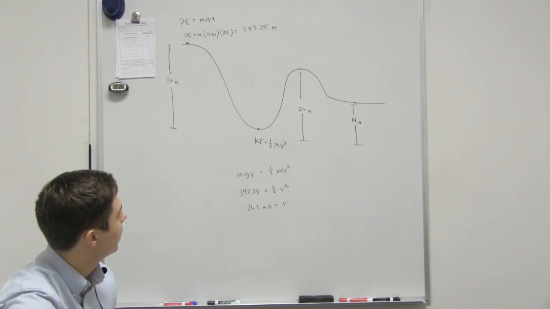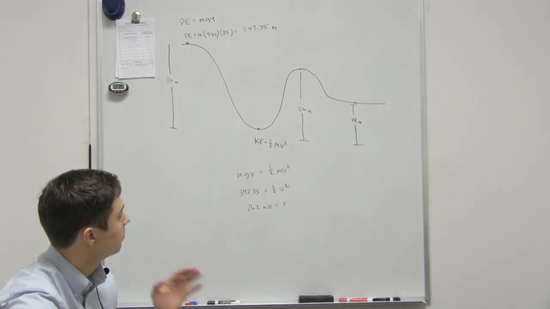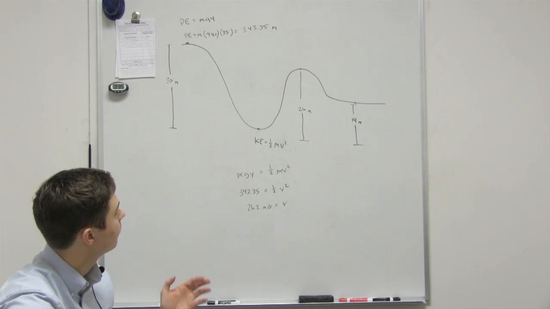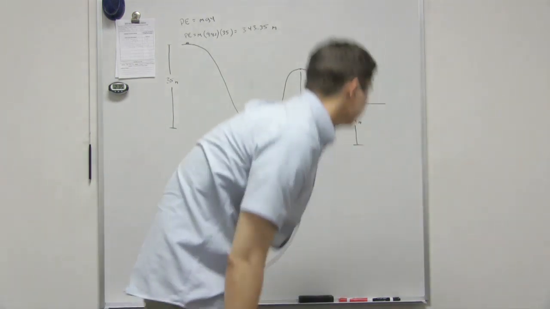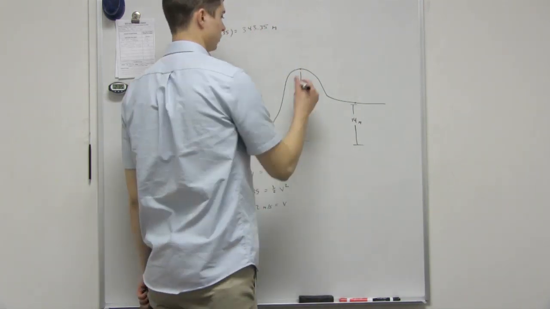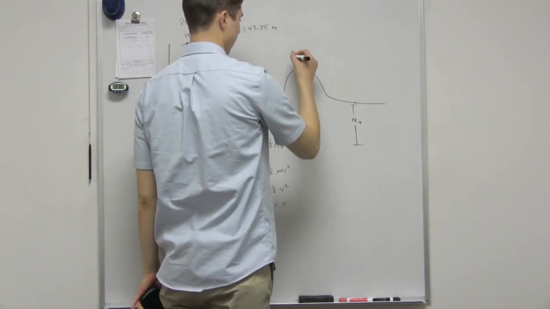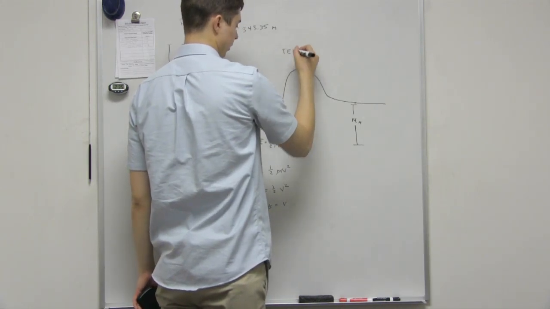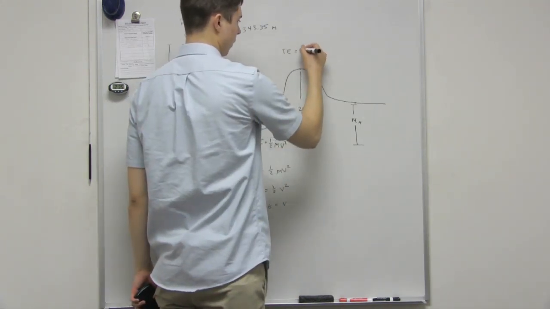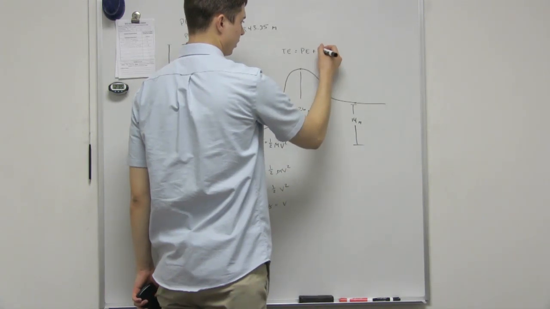And now we've got a mixture. Part of that is going to be potential energy, and part of that is going to be kinetic energy. So let's come up with a little symbolic equation here. Total energy is going to be equal to potential energy plus kinetic energy.